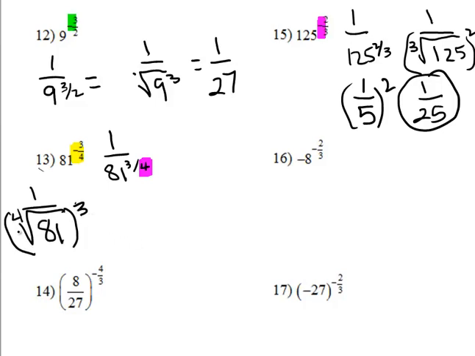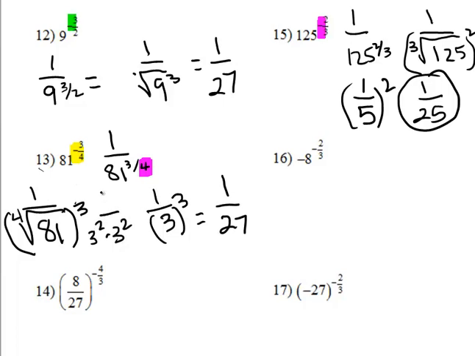So 81 is the same as 3 squared times 3 squared, so the fourth root of 81 is 3, and then I'm going to cube that, and I'm going to get 1 over 27. Again, make sure that you are consistent all the way across.